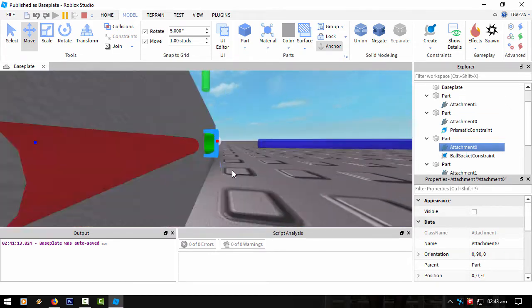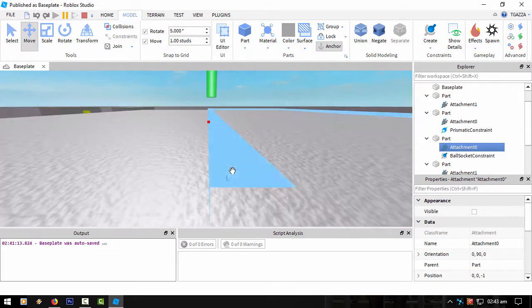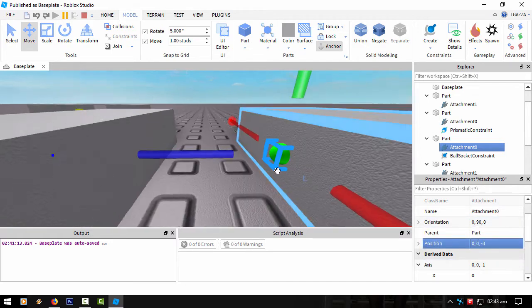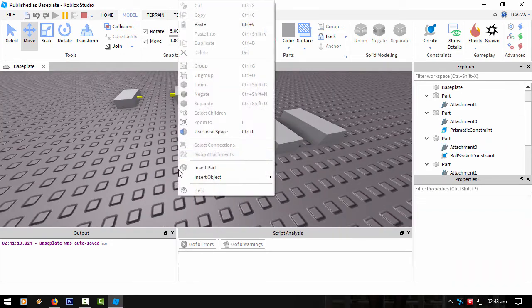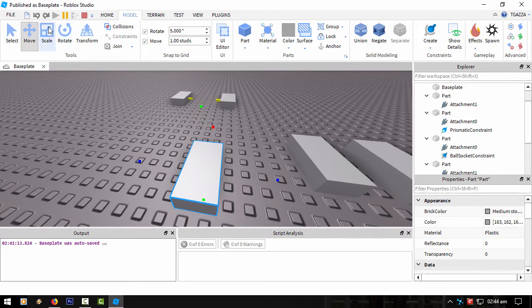So at the moment the pivot point is where those attachment points are. If I wanted to, I could actually move that, let's say 3, and move it apart. There you go. So let's actually pick that up and watch it flop down at that pivot point, like so.